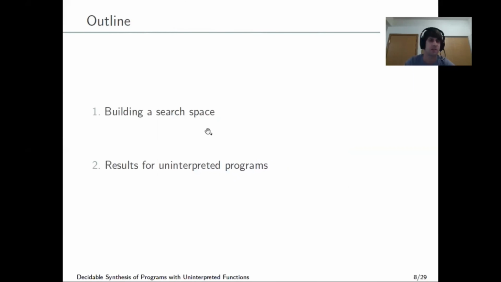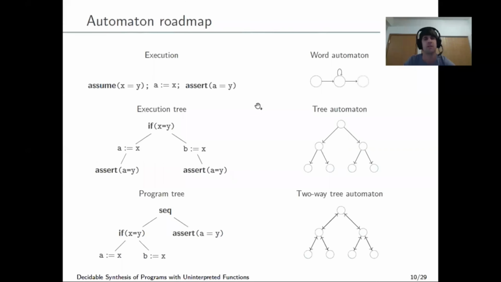I'm going to talk now about building up a program synthesis search space by defining various automata. Here's a roadmap for that. On the right, you see 3 different automaton models, and on the left, the objects that they work over.